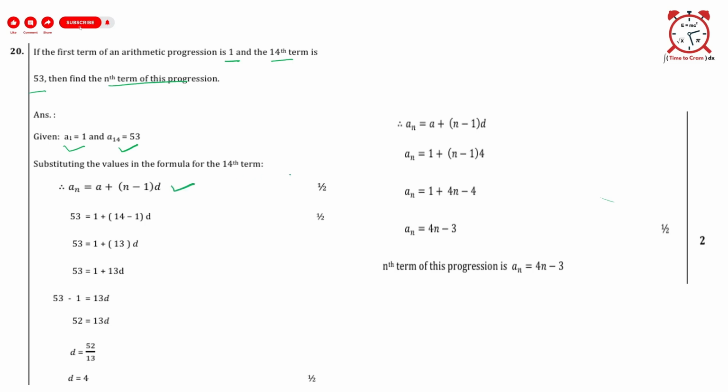After writing the correct formula you will get half marks. After keeping the correct values, again you will get half marks. Then solve it properly and you will get d equal to 4. Keep this difference and the first term value in the nth term formula. Then we will get the nth term for the given arithmetic progression, an equals 4n minus 3.